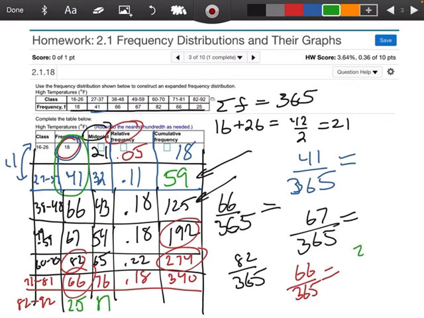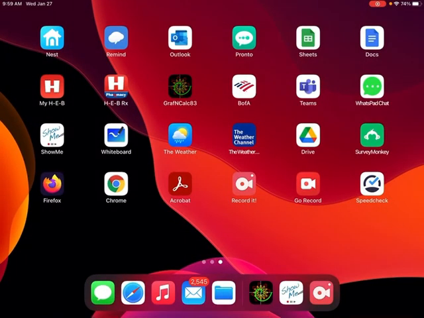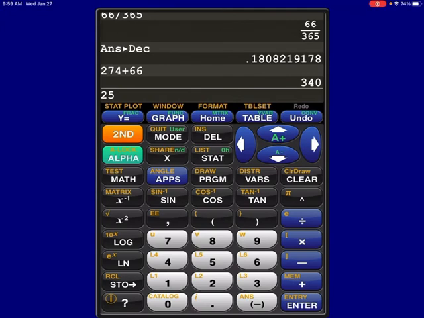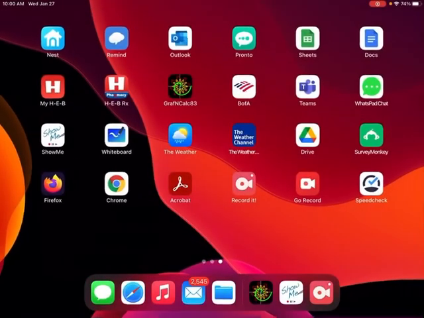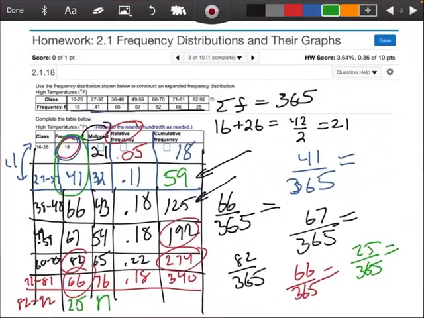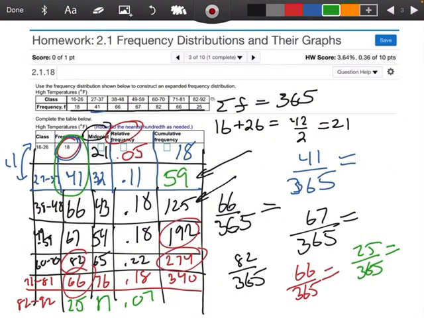Now I have 25 over 365 to get my relative frequency. 25 over 365, make that again into a decimal, 0.07. And when I add 340 and 25, that's 365. So anyway, I hope this helps, guys. This was number 3 out of 2.1.